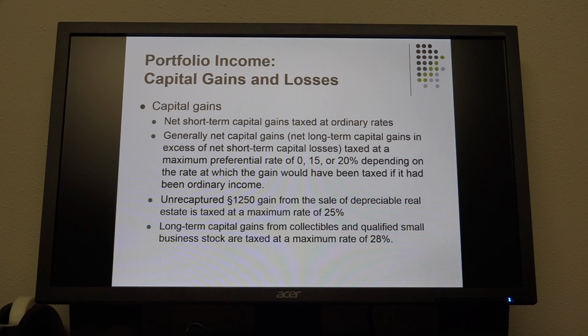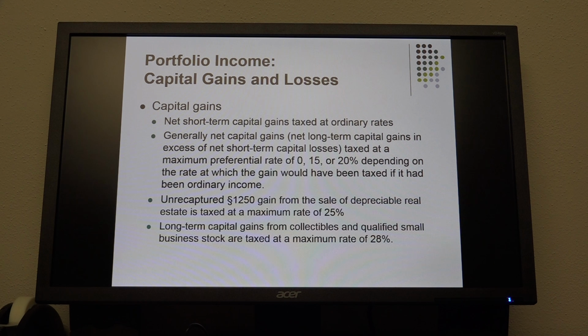Okay, and so anyway, that's about all I'll say on that. But what could come out of this is if you have a net short-term capital loss and a net long-term capital gain, you're going to compare those two, and if net long-term capital gain is greater than net short-term capital loss, the difference is called a net capital gain.